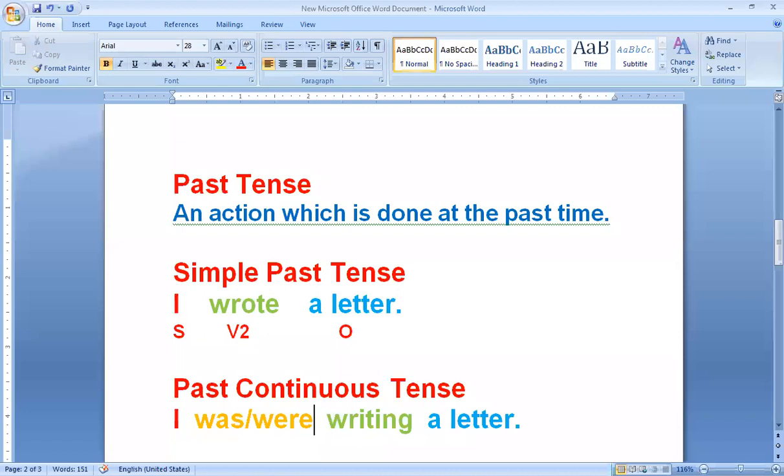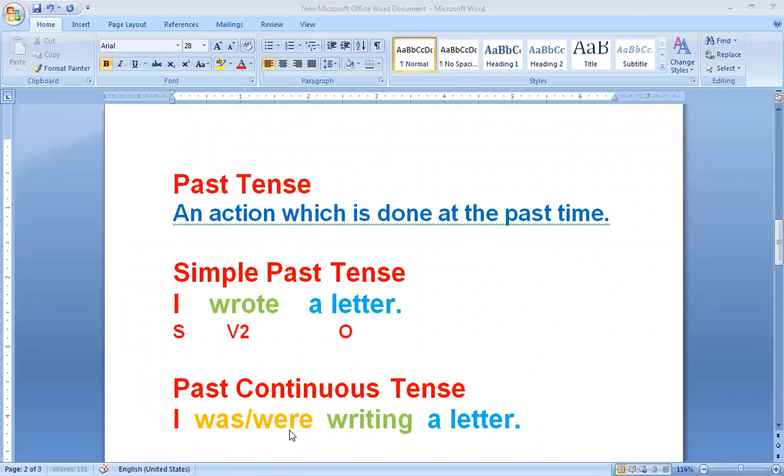Now we have to remember, we have to be attentive at the time of solving our MCQs, when to use was and when to use were. Was is used with I, he, she, it or singular subject, and were is used with plural subject. For example, we were, you were, they were, boys were, children were.